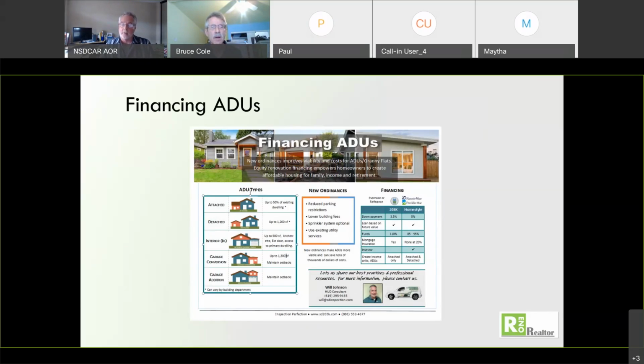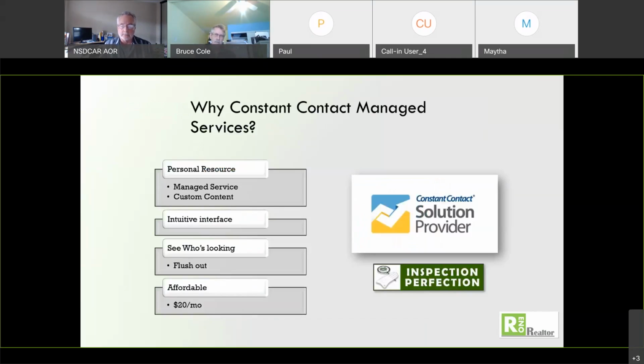So this is why I see realtors getting more involved with ADUs. They get it because some of their buyers are beginning to make decisions based on whether they can add an ADU. And you'll see in my presentation, I'm pretty optimistic. We can always do some type of ADU, and we'll talk about that at our seminar on Friday.